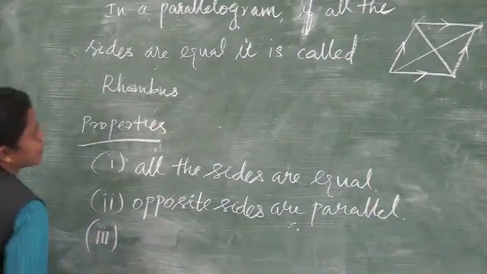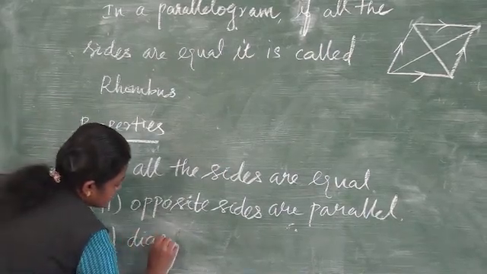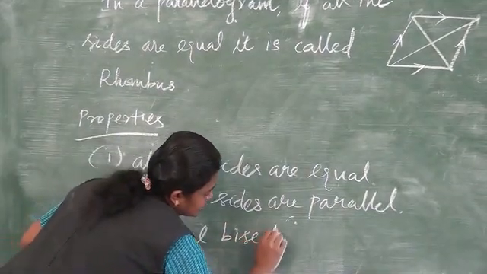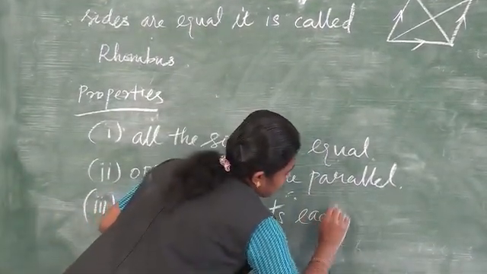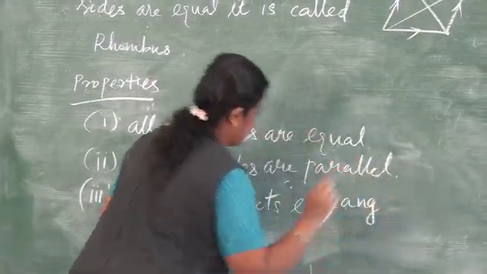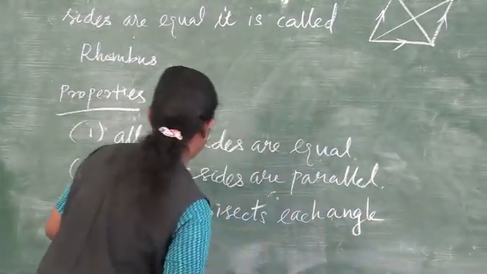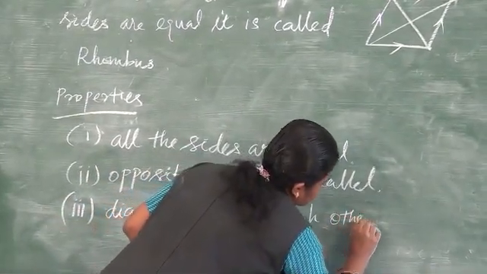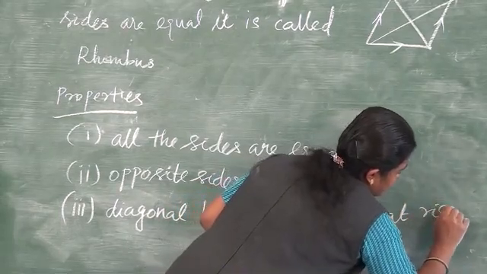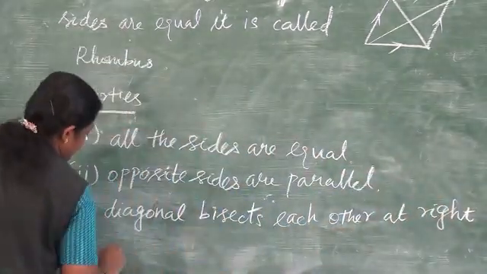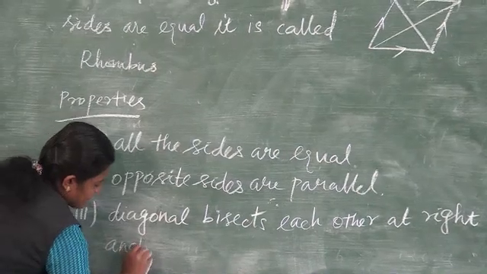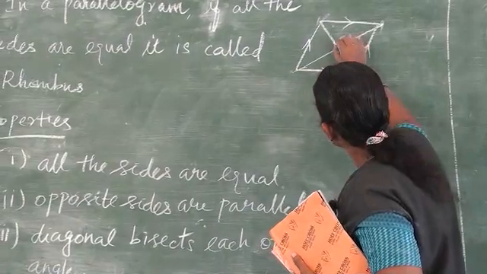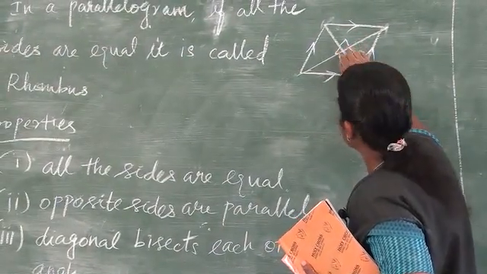And the third property, the diagonals bisect each other at right angles. That means, these are the diagonals. The two diagonals bisect each other at right angles.